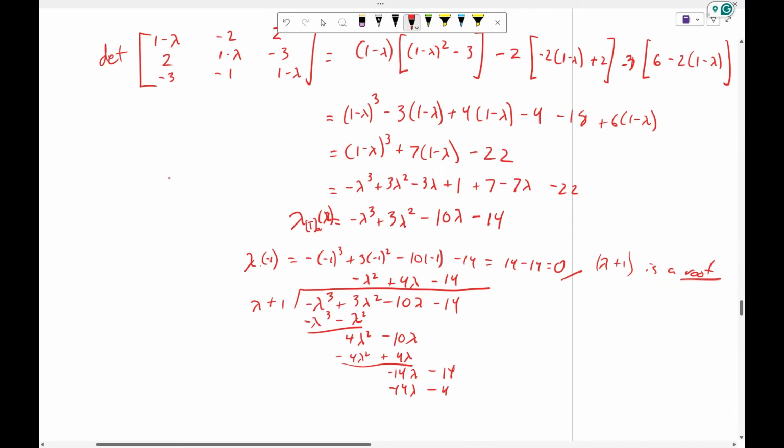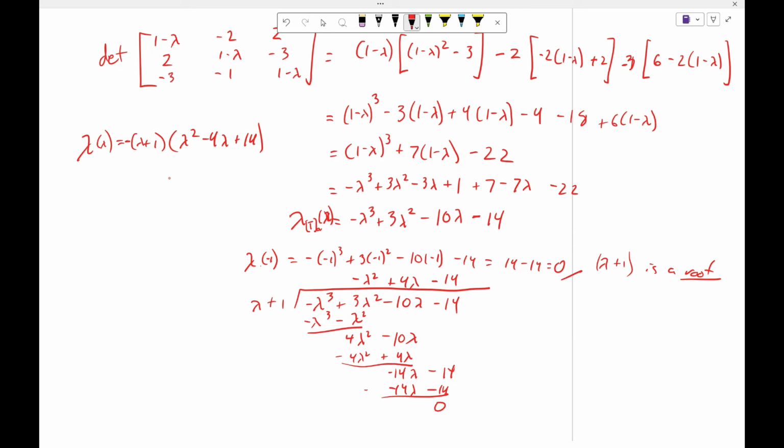Subtract them and we get 0. So this tells me that my characteristic polynomial is equal to minus lambda plus 1 times lambda squared minus 4 lambda plus 14. I like to pull the minus sign out at this point to give us a positive quadratic.